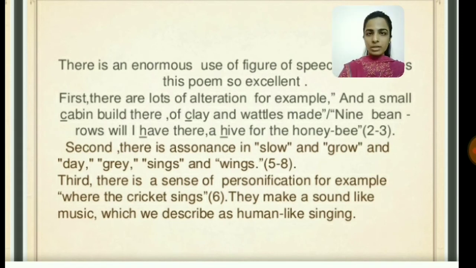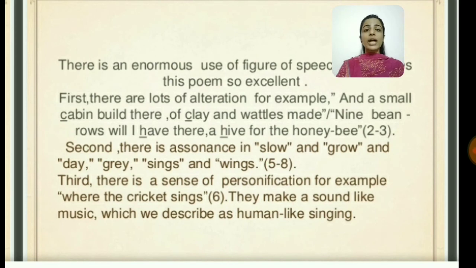So this is personification, when we use the qualities of a human being with non-living things or with birds also. They make a sound like music, which we describe as human-like singing. They are not human, insects are not human. So whenever we compare human qualities with another thing, those terms are personification.